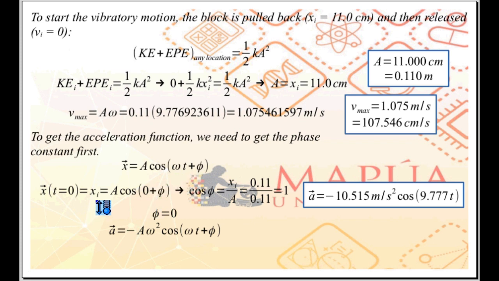So we get x initial is equal to A cosine of phi, which means cosine phi is just equal to x initial over A. We know x initial, we know A. 0.11 meters divided by 0.11 meters will just give you 1. So cosine phi is equal to 1. Getting the inverse cosine, phi is equal to 0.